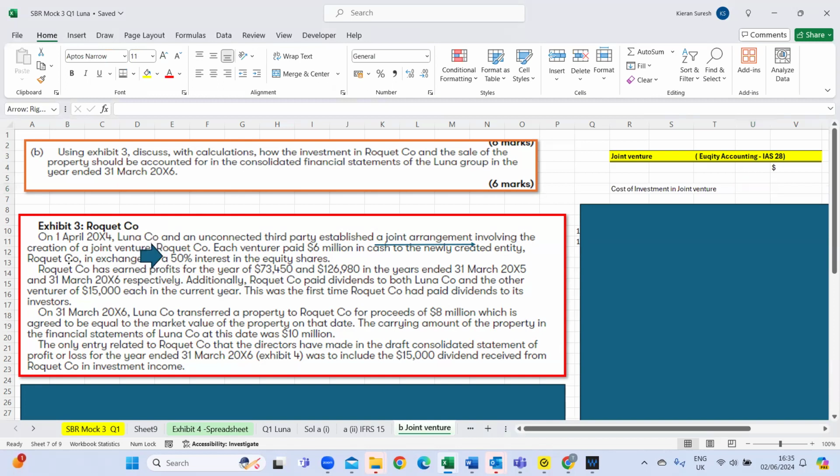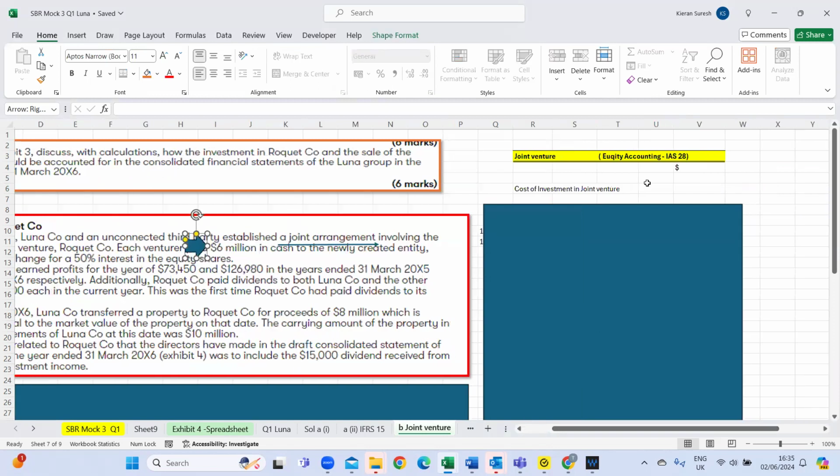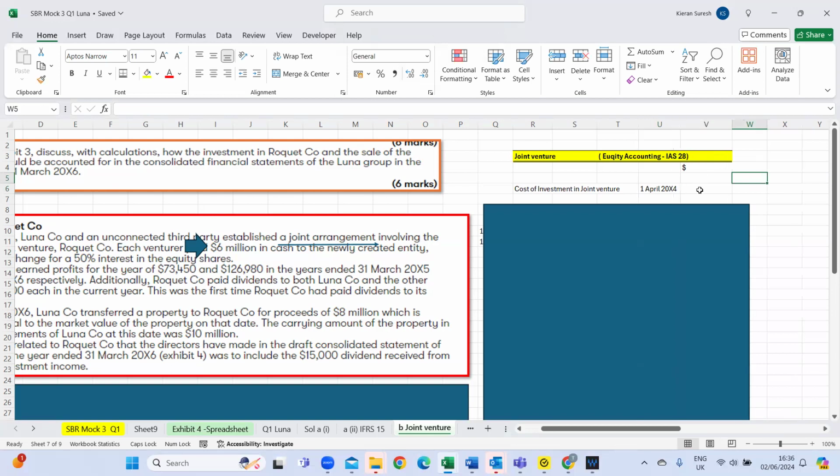What was the cost of investment in the joint venture? I purchased on 1st April 2014 and I paid 6 million. That's my first, right? The cost of investment here was made on 1st April 2014, and the amount I invested here is 6 million.